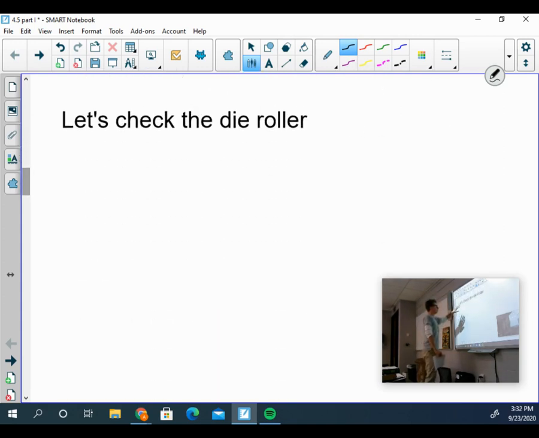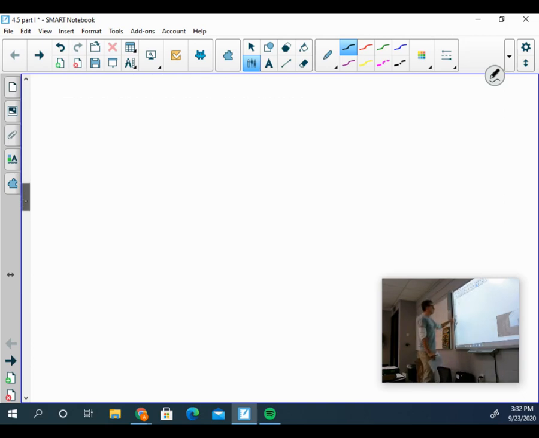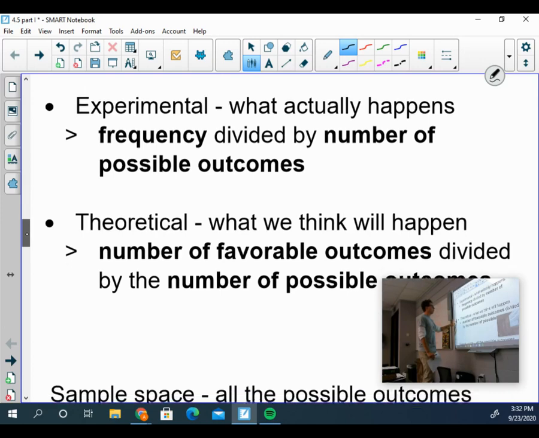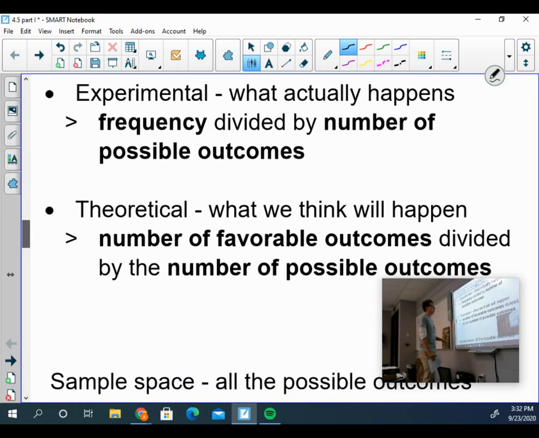Experimental probability is if we used a simulated die roller on the internet, or we physically rolled a die 7 times. The number of times you rolled the die would be on the bottom, and the number of times you achieved the number you were looking for would be on the top. Again, experimental versus theoretical probability.